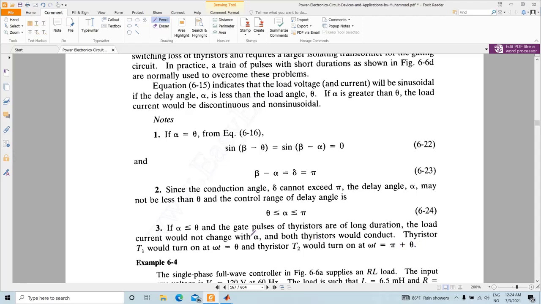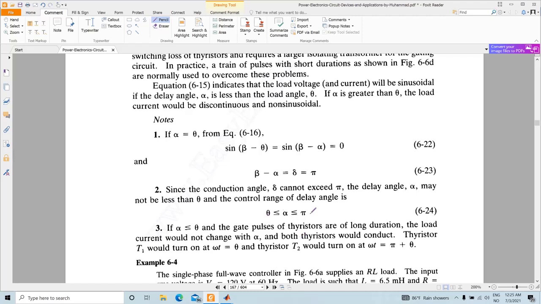And how it's happening is that if you have an alpha value less than theta, it will continue to conduct until theta, and at theta, if there is a gate pulse for a long duration, then at pi plus theta thyristor T2 will turn on, and this will repeat. We will see it in a short simulation.